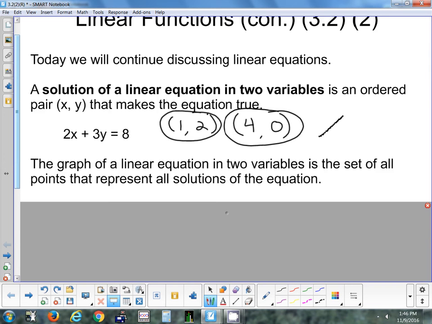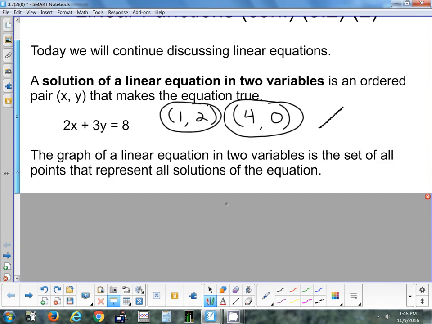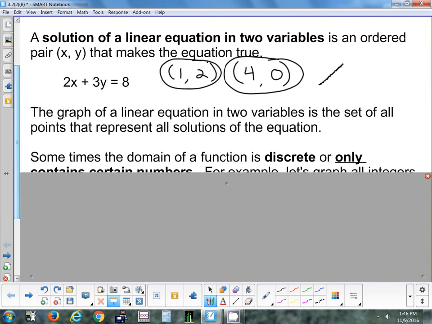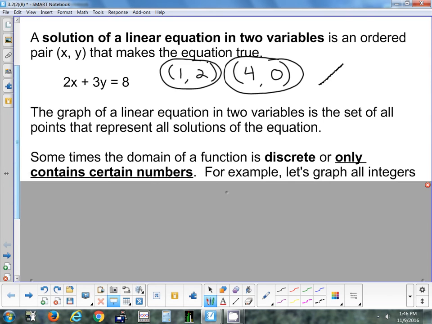All right, so the next thing we're going to talk about is what kind of values you're allowed to plug in for x. We're going to talk about 2 different words. The first one is what's called discrete. It says sometimes the domain of a function is discrete. What that means is you're only using certain numbers, specific numbers.